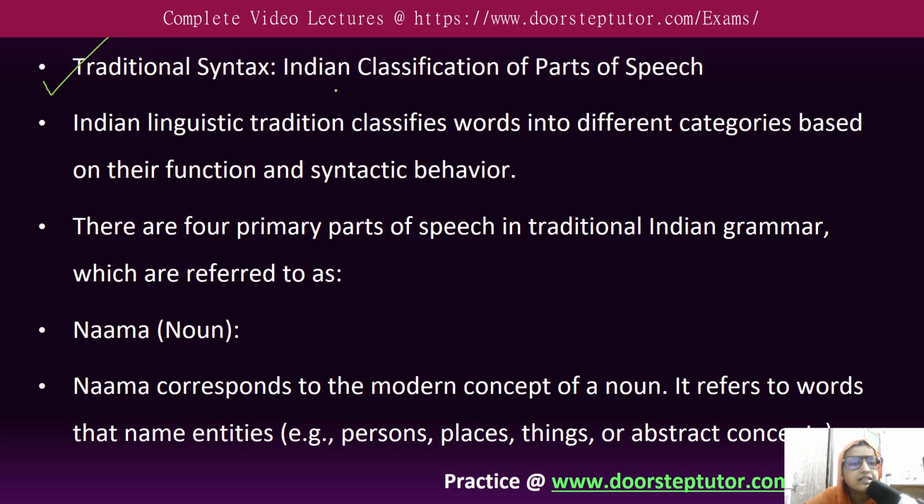So, the Indian classification of the parts of speech. What is the parts of speech first of all? Part of speech is your lexical category, the category to which your word in the sentence belongs. It may be of 8 types: nouns, verbs, prepositions, adjectives, adverbs, and so on.